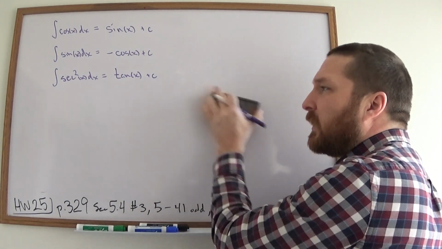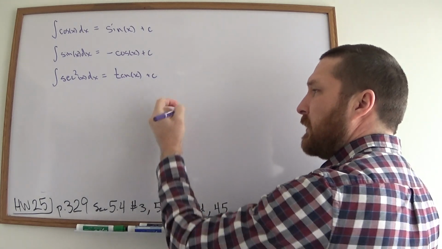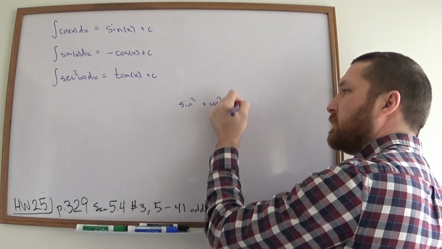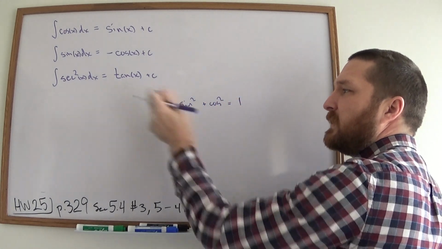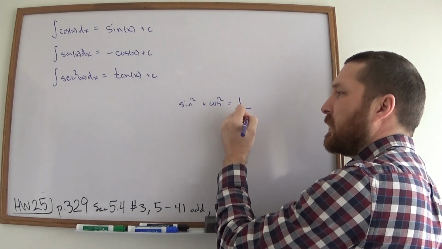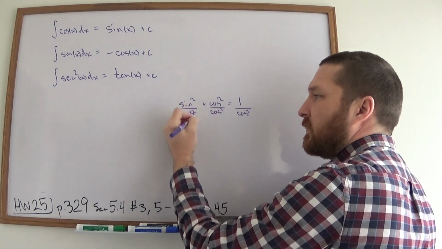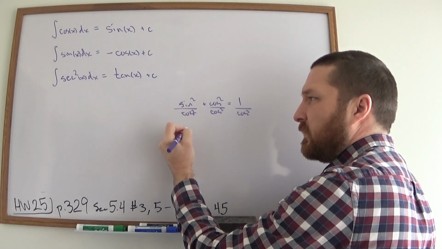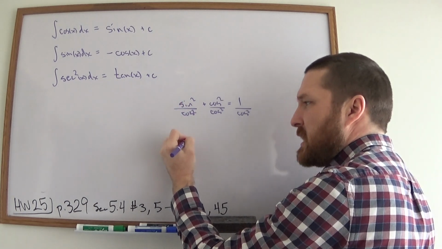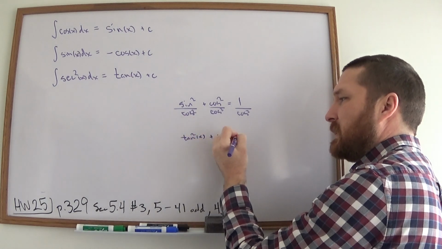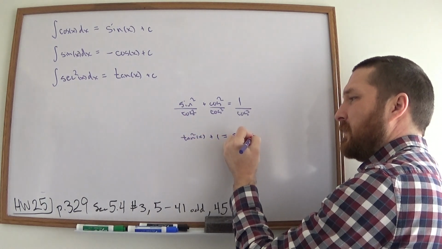Now, also, sine squared plus cosine squared equals 1. And so if we need a secant squared, I would divide it by cosine squared, cosine squared, cosine squared. So this is tan squared x plus 1 equals secant squared x.